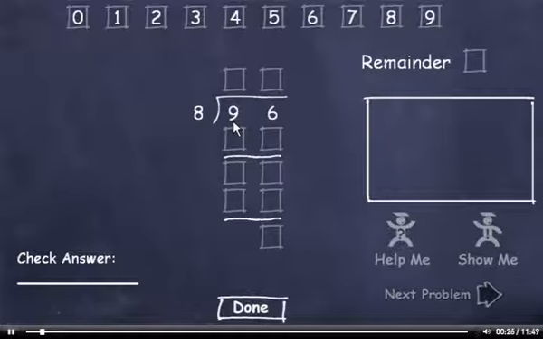8 goes into 9 one time. 1 times 8 is 8. 9 minus 8 is 1.